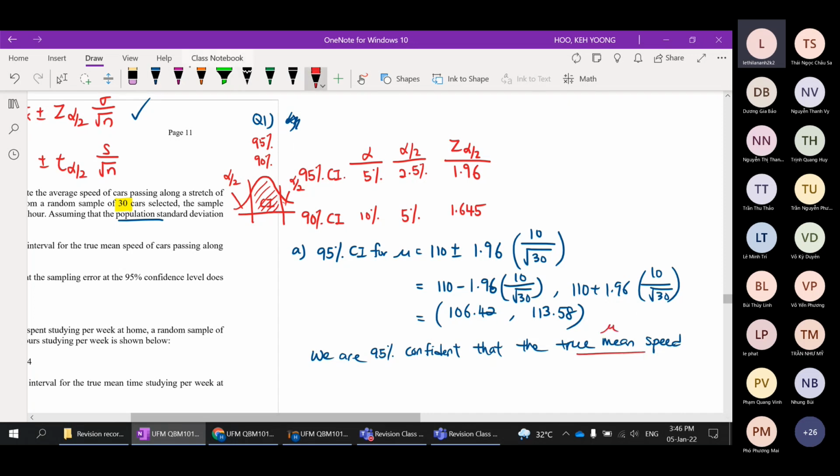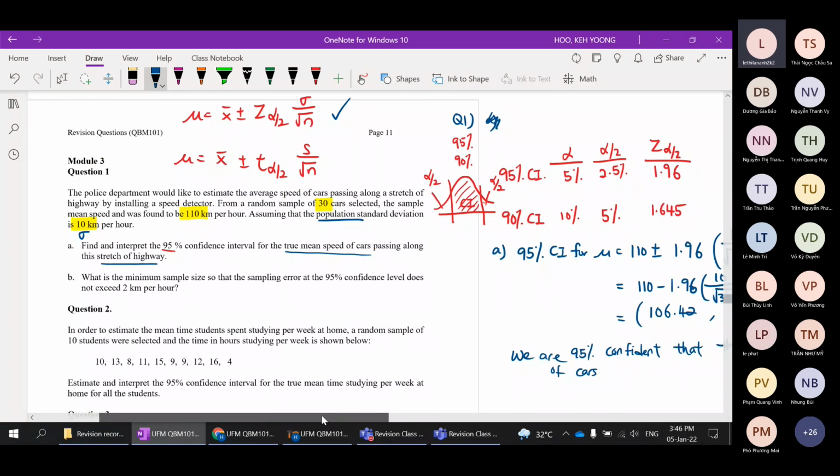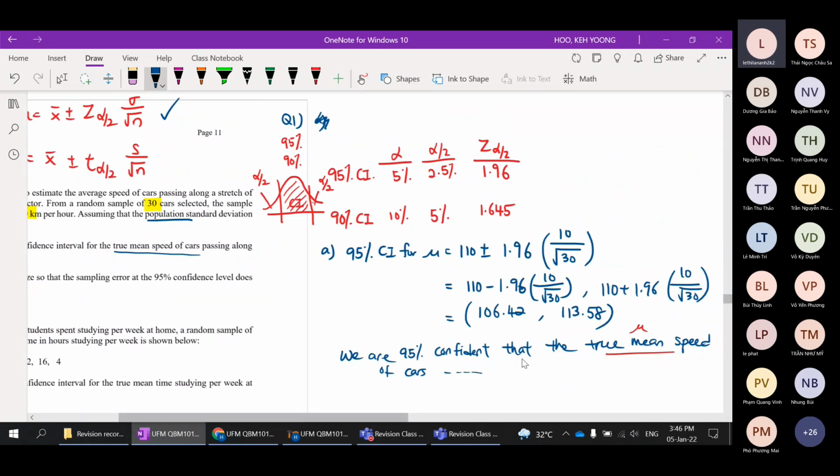The true mean speed for the whole population, for all the cars. Okay, the true mean speed of the cars passing. You can copy the question. The true mean speed of cars passing along the stretch of highway. Yeah, typo. Highway.